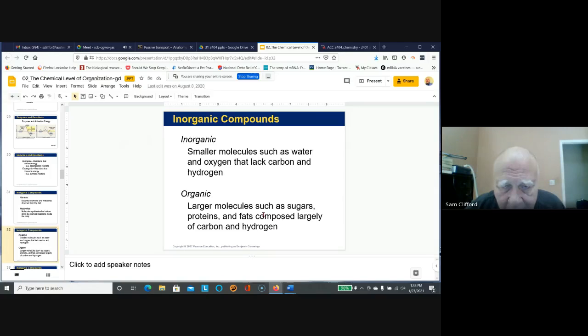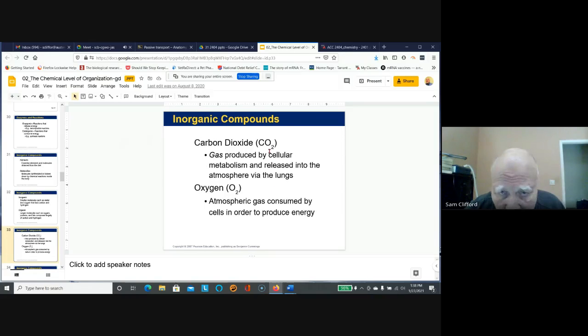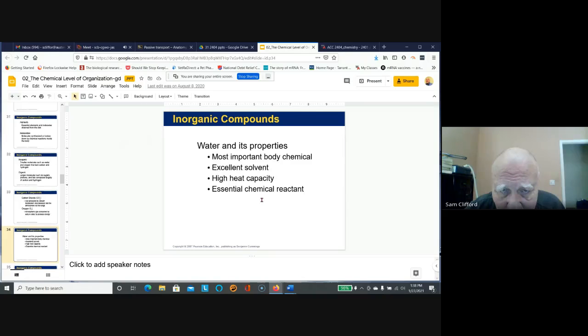If something contains carbon and hydrogen and oxygen, it's an organic compound. Recognize carbon dioxide, what it is, recognize O2. Water is very important. It's an excellent solvent. It has a very high heat capacity because of hydrogen bonds, and it's an essential chemical reactant.